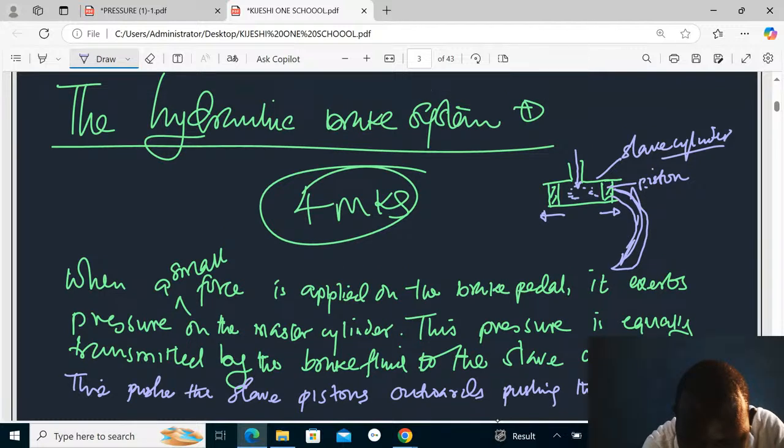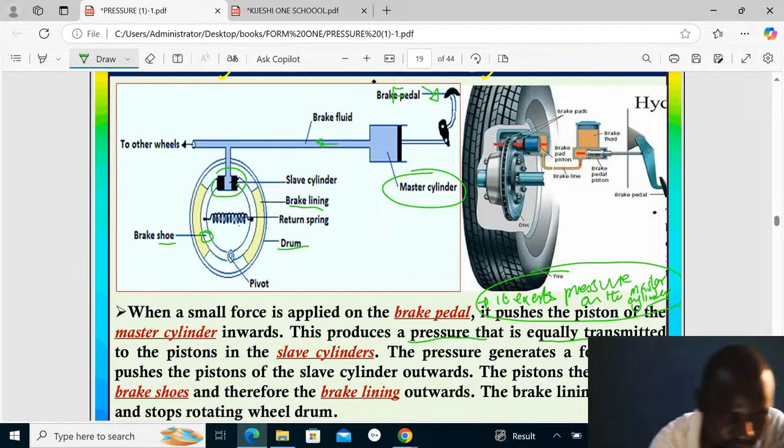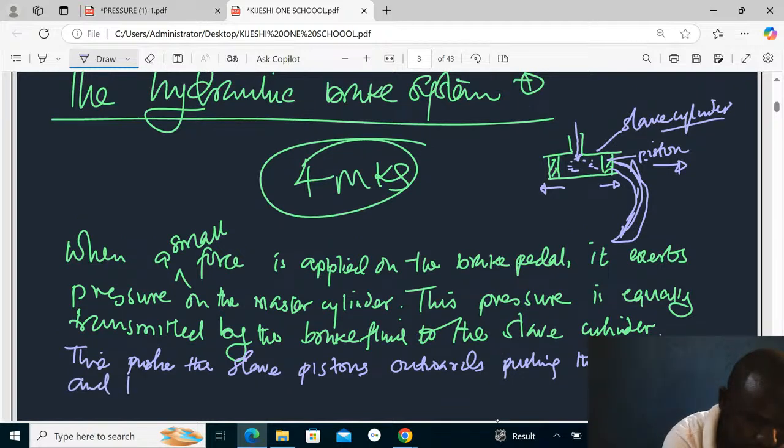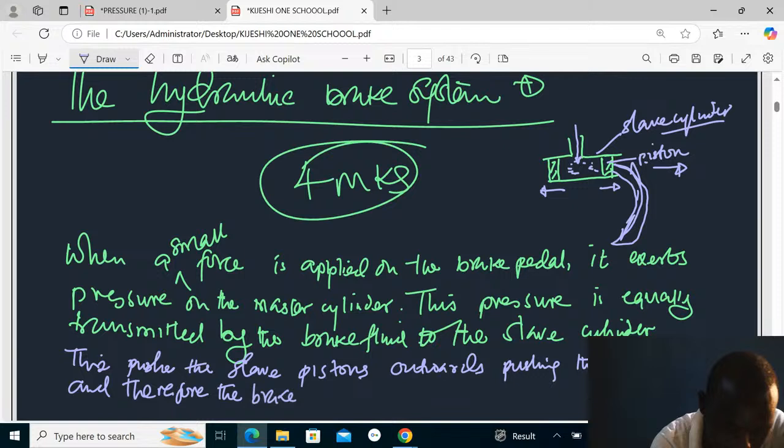Once this one moves outwards, it is going to open up the brake shoe, and therefore the brake lining outwards.